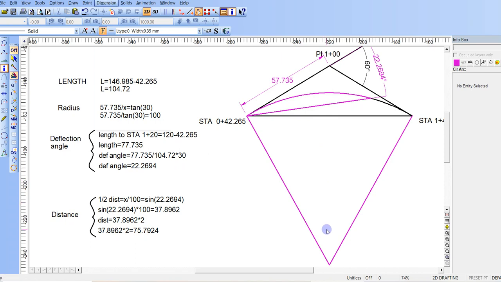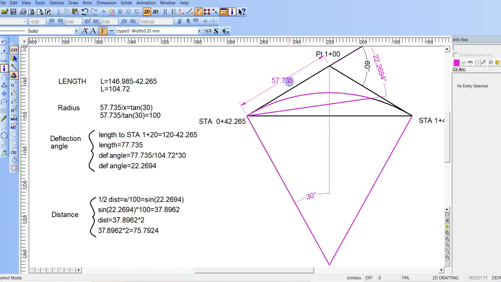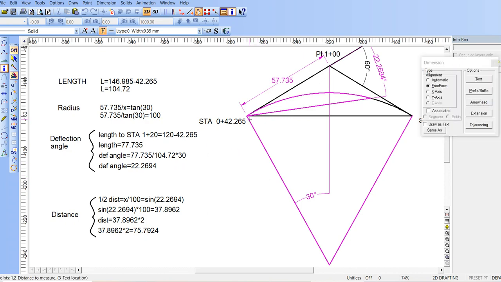We know this is 30, right? So we have the tangent here, which is like the rise, and we need the run, the radius. So 57 over x is equal to the tangent of 30, and you just solve for x and you end up with 100. So now we have the radius.